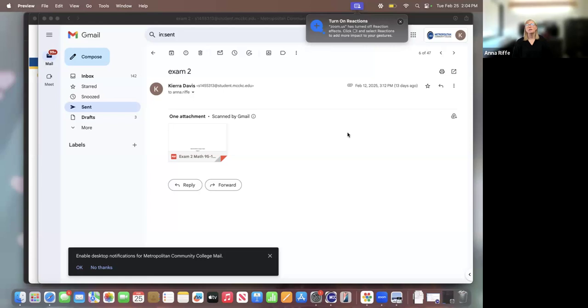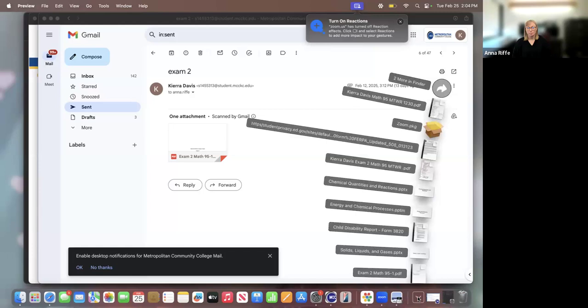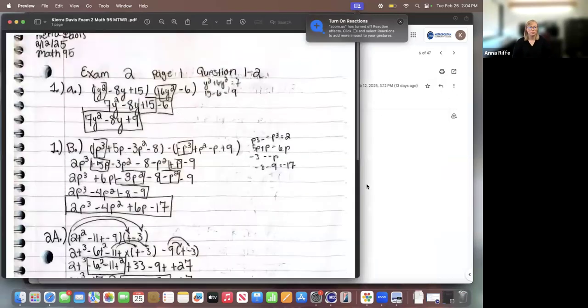Do you have the email with your PDF saved that has timestamps on it? Let me see what I have. In my downloads, this is the whole test.